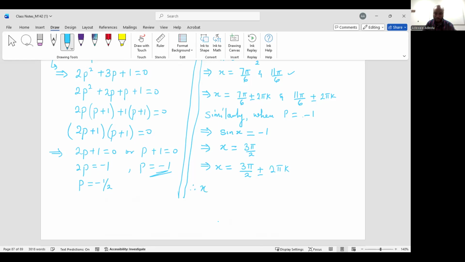Therefore, our solution x is 7 pi over 6 plus or minus 2 pi k, 11 pi over 6 plus or minus 2 pi k, and 3 pi over 2 plus or minus 2 pi k, where k belongs to the set of integers.